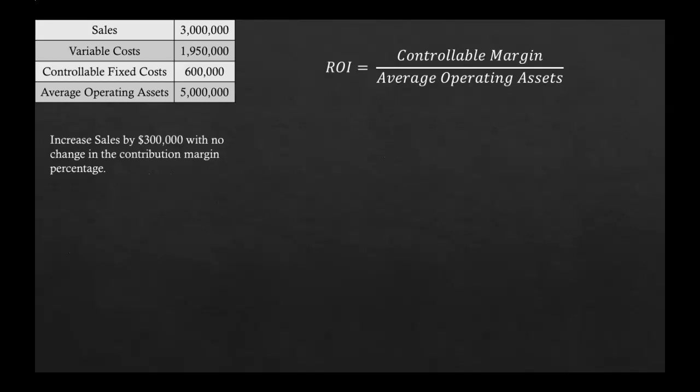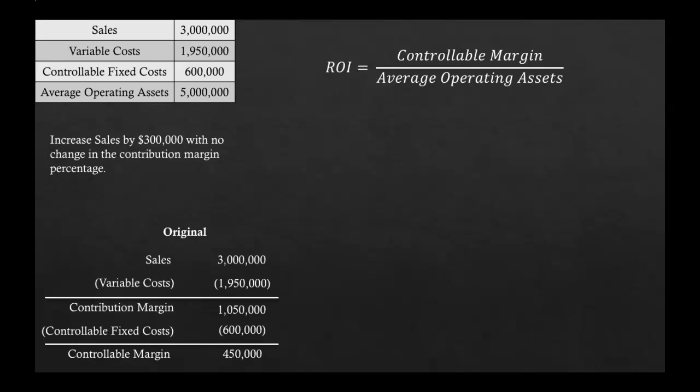So this first independent course of action said increase sales by $300,000 with no change in the contribution margin percentage. So there's some work that we need to do before we can just start plugging numbers into our ROI formula.